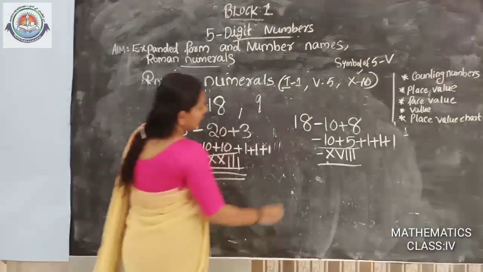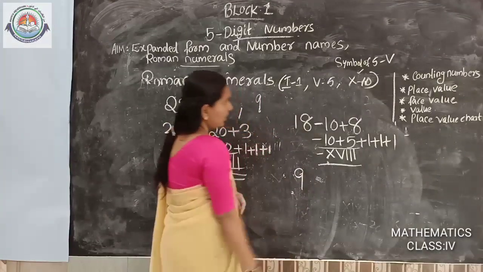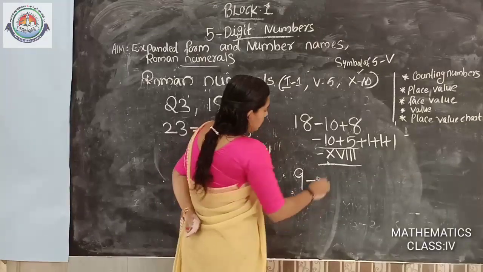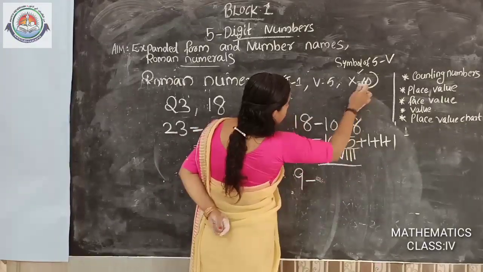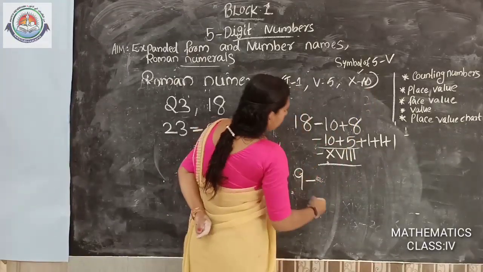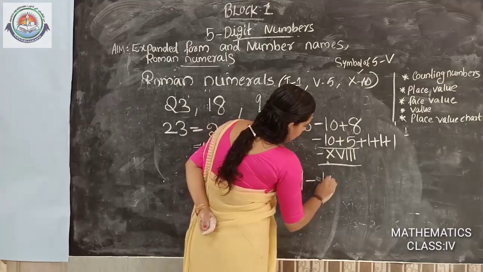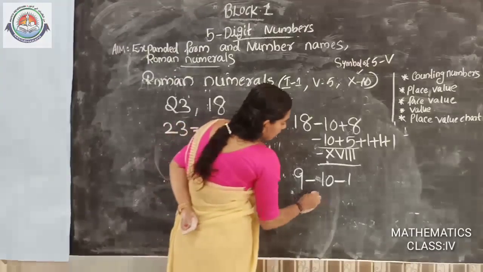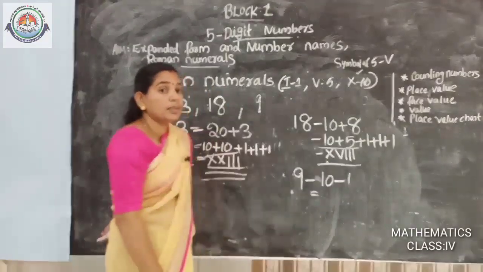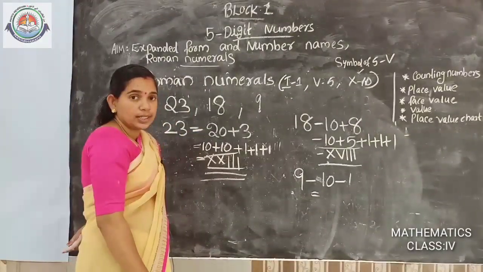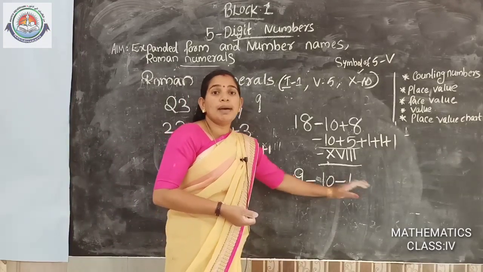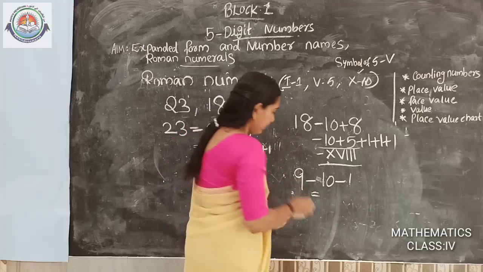Next we want to write 9. Here 9 is not there. Then from 10 and 1 we will make 9: 10 minus 1. Here a minus comes. Minus operation is there, subtraction. So we will write the largest number on the right side.